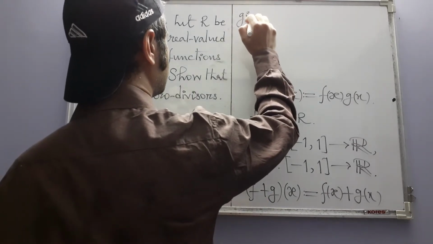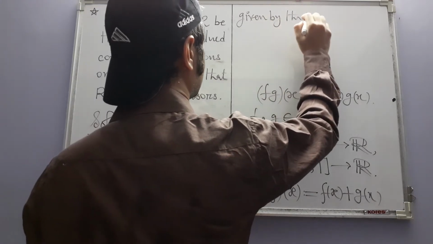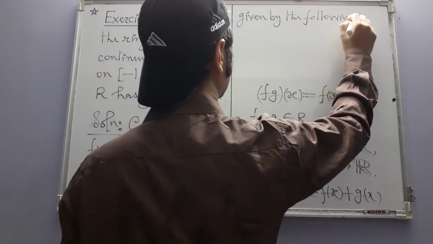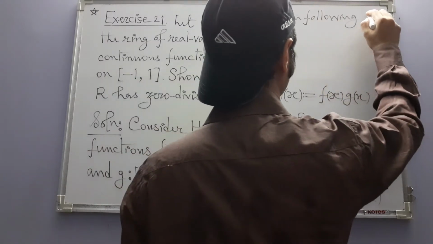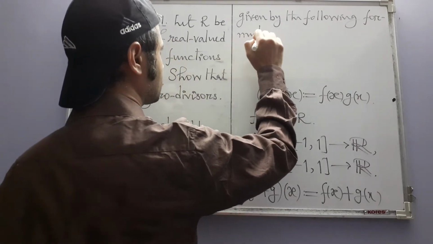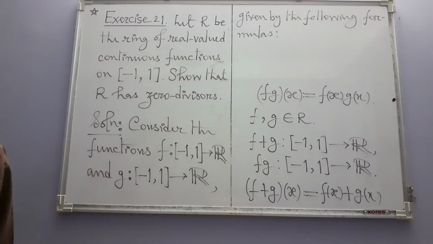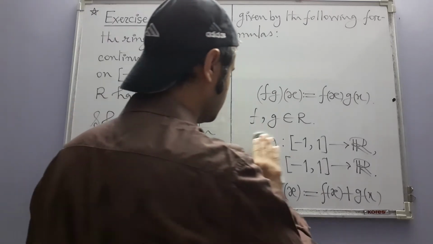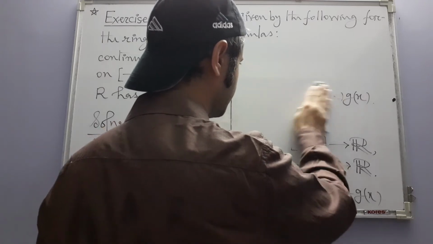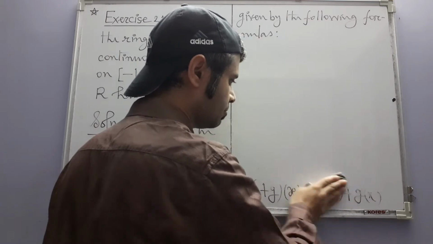Given by the following formulas. Okay, so now we are going to define these two functions, which of course you can guess are going to be our non-zero elements in R whose product will be 0.